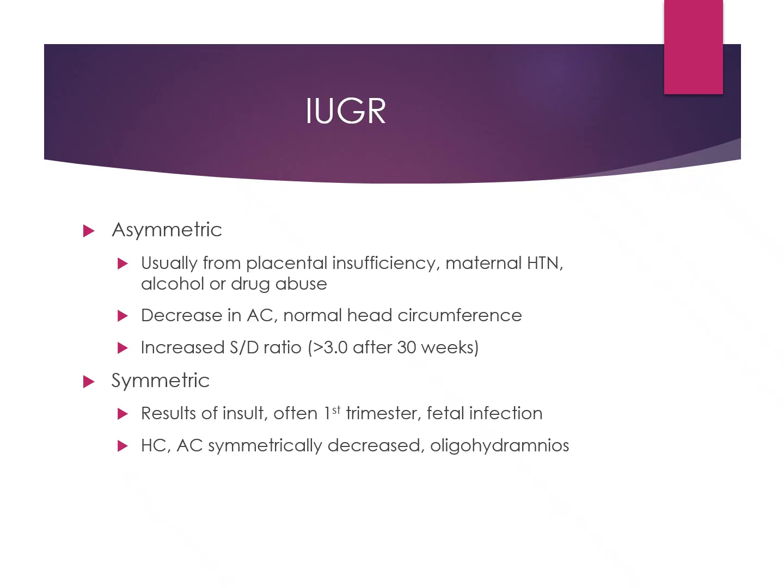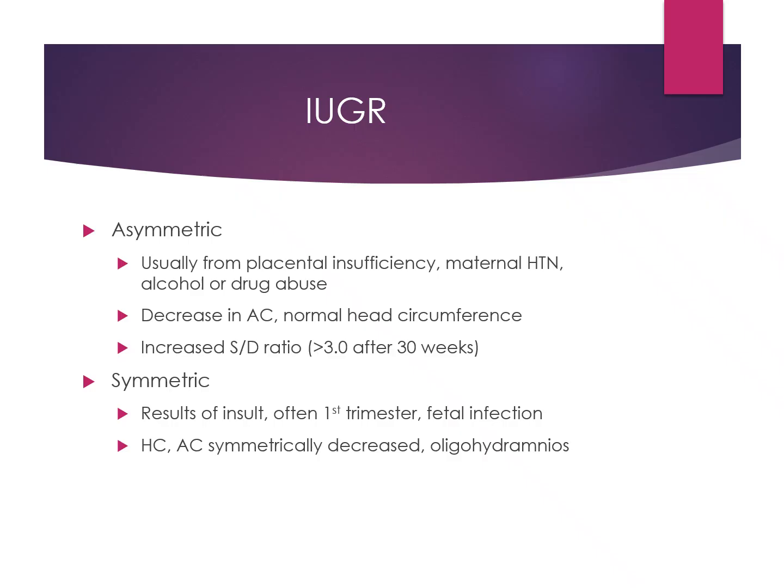In our 2nd trimester evaluation, we talked about the head circumference and the abdominal circumference and giving an estimated fetal weight and an estimated fetal age off of that. So when we have a discrepancy between the head size and the abdominal size, or both are measuring small, this is considered intrauterine growth restriction, or IUGR for short.